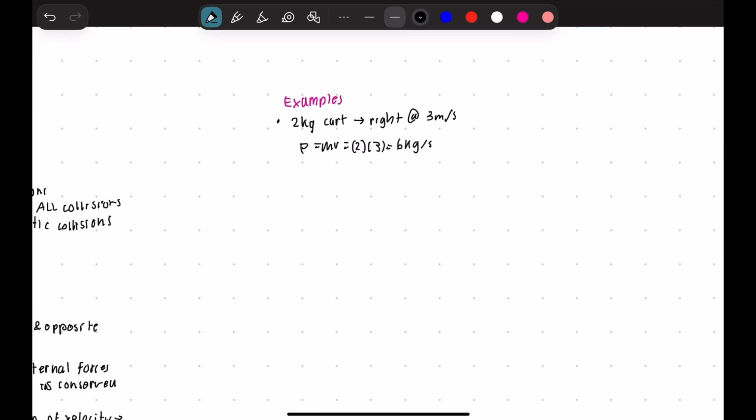Let's do a problem with opposite directions. Let's say that cart A is 3 kilograms and it's going positive 2 meters per second. And let's say that cart B is 1 kilogram and it's going negative 5 meters per second.